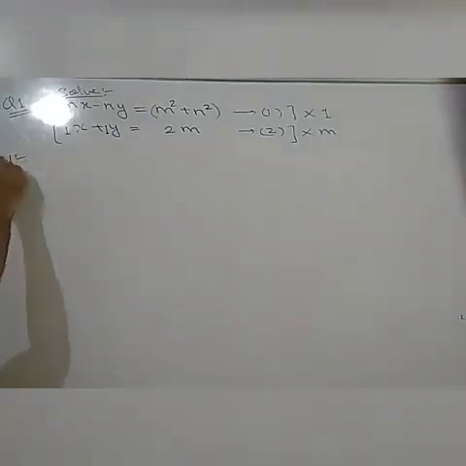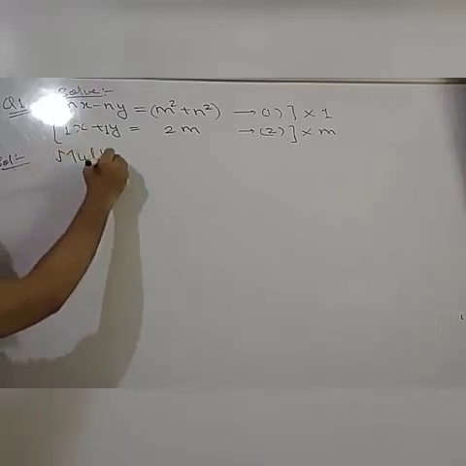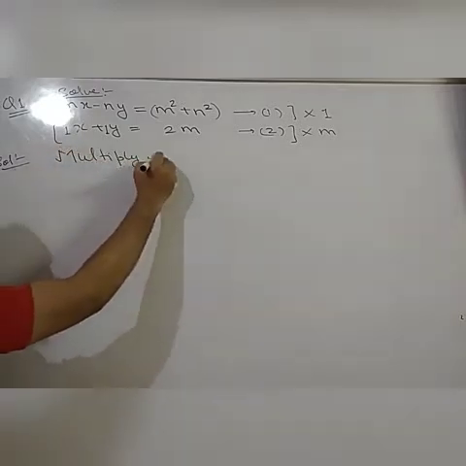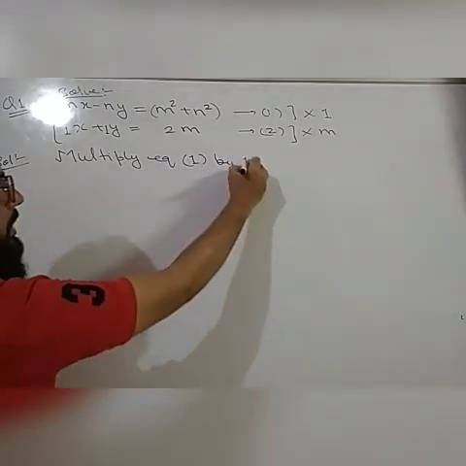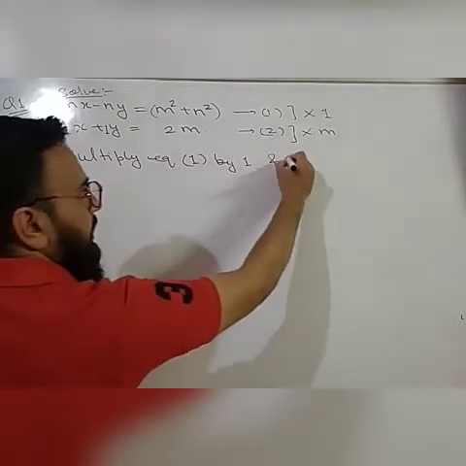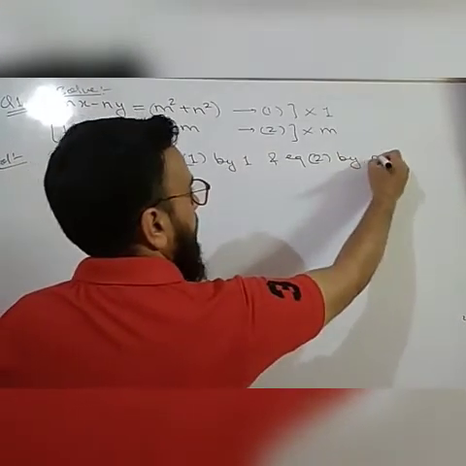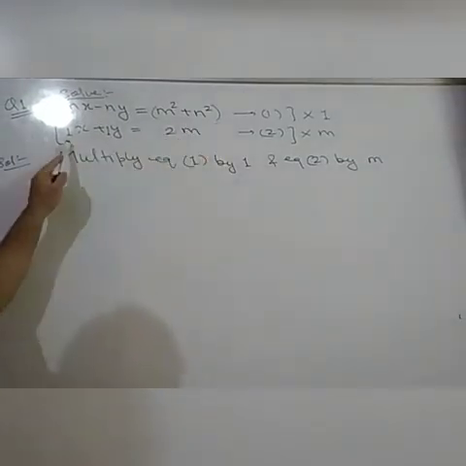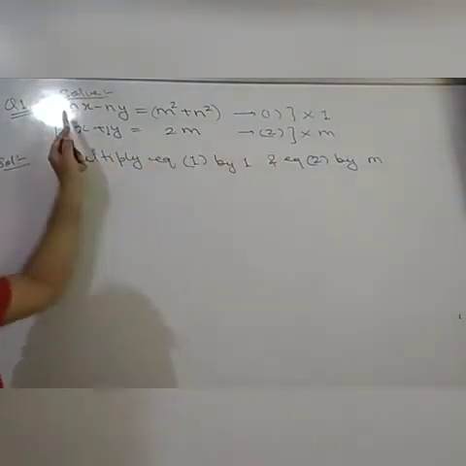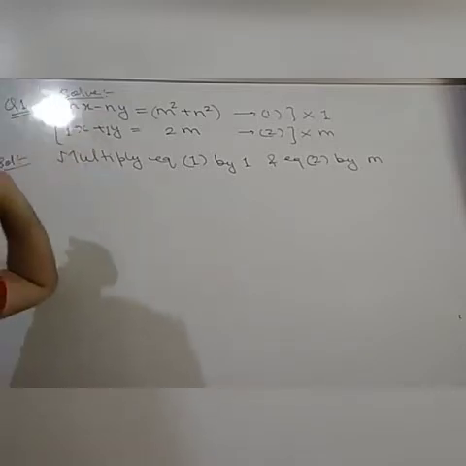So let us start the solution. What will we write? Multiply equation 1 by 1 and equation 2 by m. Okay, we are multiplying the first equation by 1 and the second equation by m, simply interchanging the coefficients.